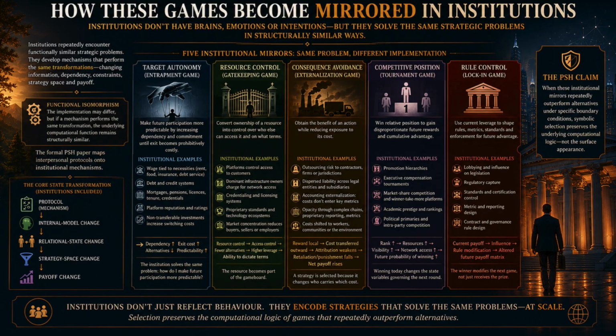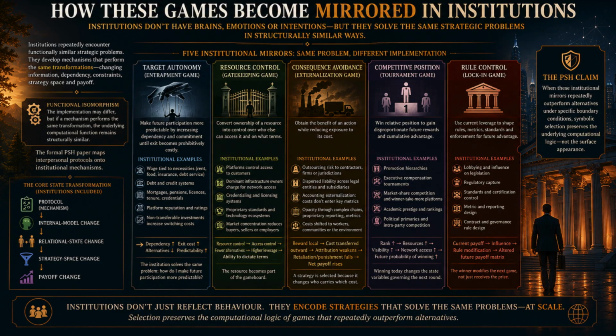Let's move on to how these games become mirrored in institutions. So now take exactly that computational sequence and remove the individual psychopath. This is where institutional mirroring becomes important. I'm not saying a corporation has an amygdala or that a bureaucracy experiences grandiosity. I'm saying institutions can solve the same strategic problems using the same homologous mechanisms, right?